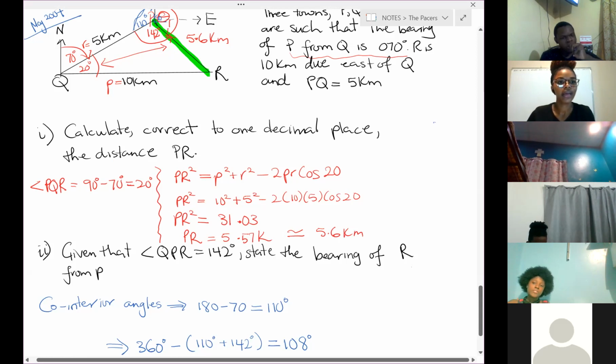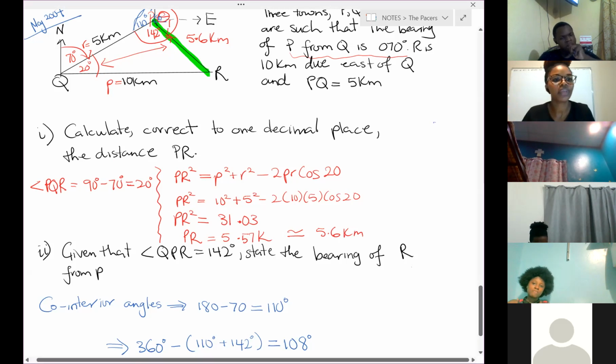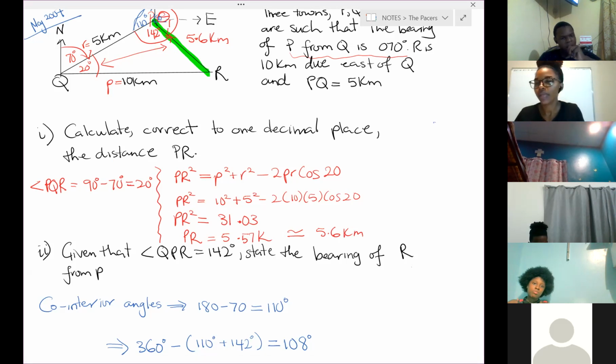Okay, Miss. Yeah, because remember, once you have the 110 and you have the 142, you can just subtract and get the whole thing. Yeah? Because you use the 110 and 142 to find the missing part and the 90, and you're just going to add up the 90 and the missing part. But we ain't finished with the question though.